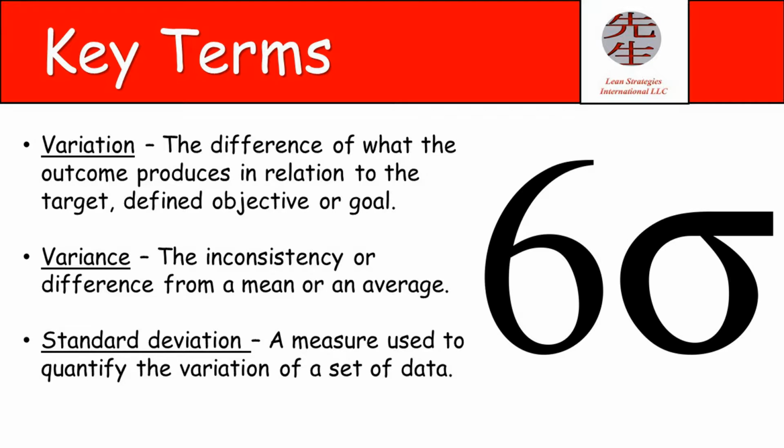Along with variation, a very similar term is variance, which defined means inconsistent or differences from a mean or an average. Another very important term to understand is standard deviation, and although we will dive deep into what that means exactly, standard deviation is that pretty little Greek symbol you often see combined with the number 6.